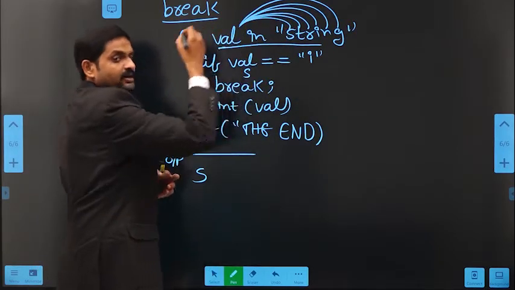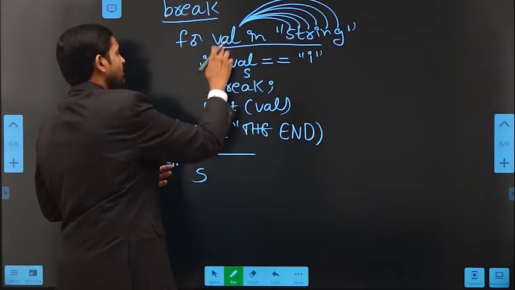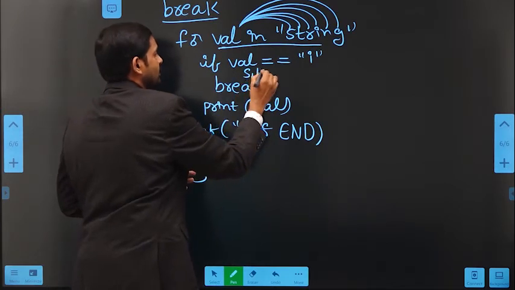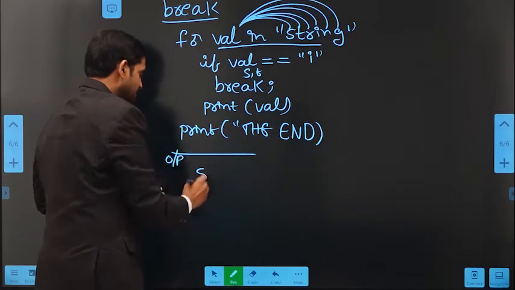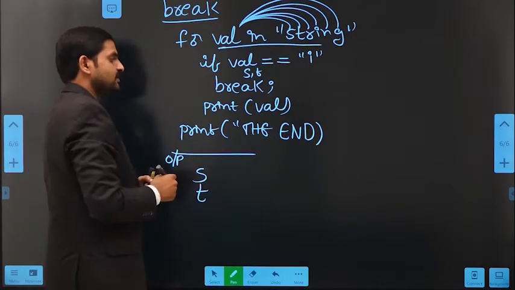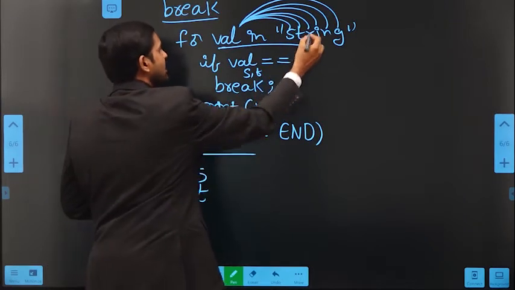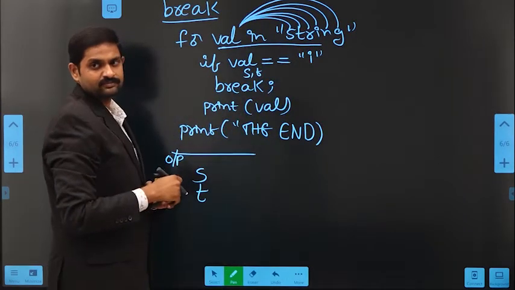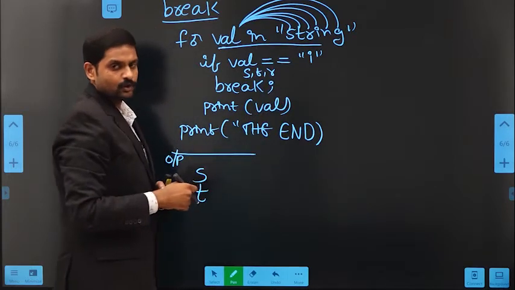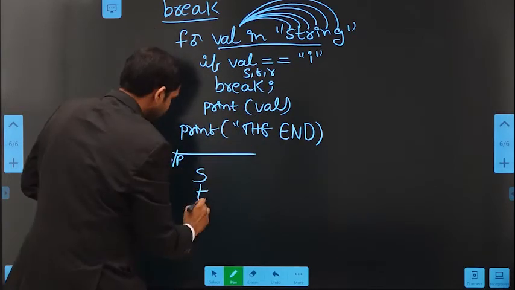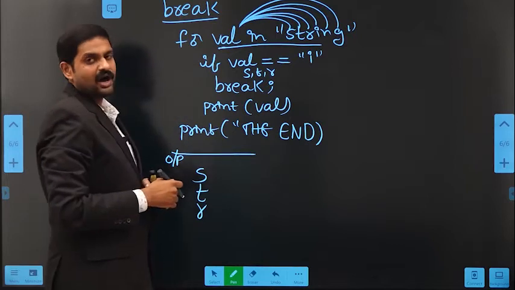Now, T is in the val. T, is it equal to I? No. It prints the value T. Next, in the third iteration, R. Is it equal to I? No. So, again it prints the val R.